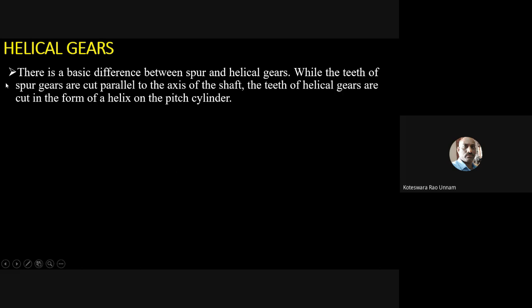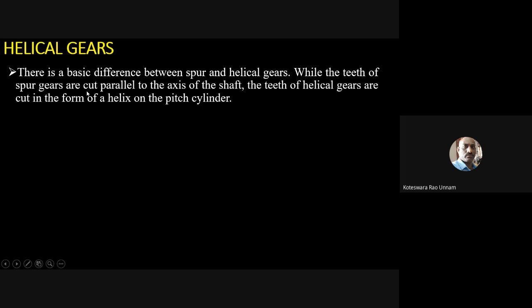So for that, the basic difference between spur and helical gear, in order to arrive at the concept of how to convert helical gears into a spur gear, first we should know what the difference is, then how we can map that difference to an equivalent spur gear.